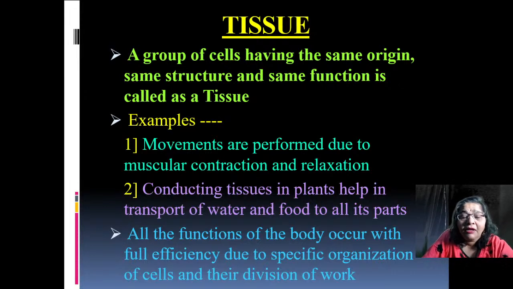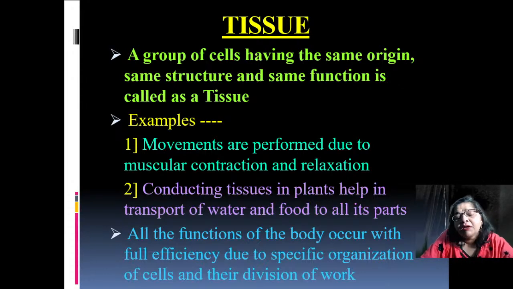For example, movements are performed due to muscular contraction and relaxation. So muscular tissue is a group of muscle cells which are similar in their structure and perform the same function of contraction and relaxation. In the same way in plants, the conducting tissues, the water conducting tissues and the food conducting tissues, help in transport of water and food respectively to all the parts of the plant.